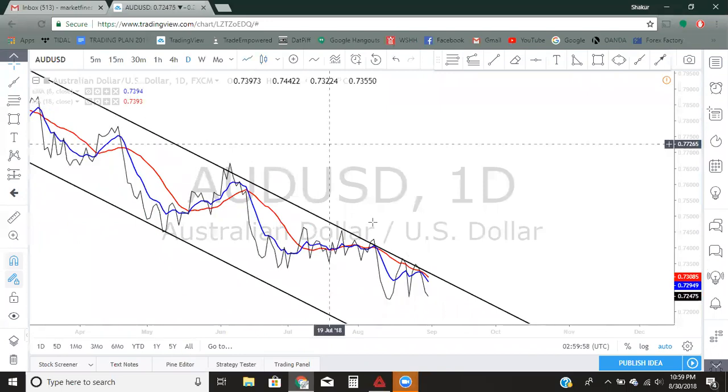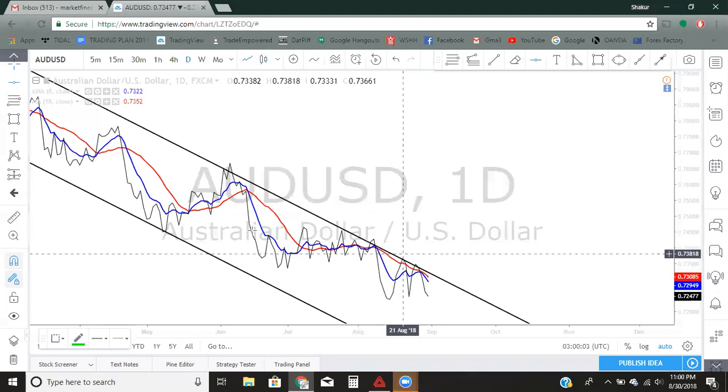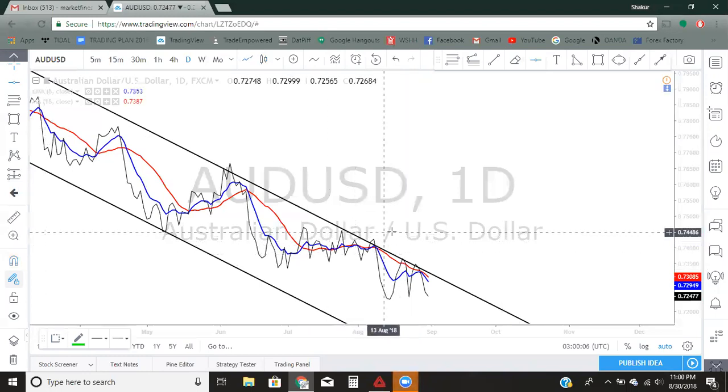Then I went to the line chart and found structure on the daily time frame, which I went down.